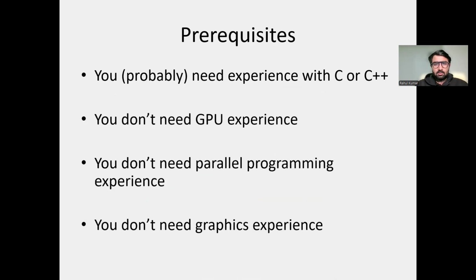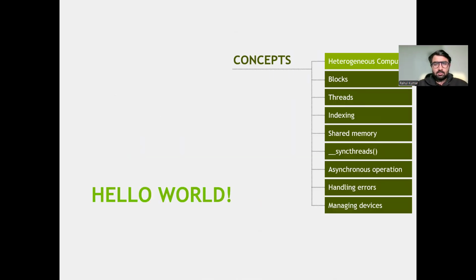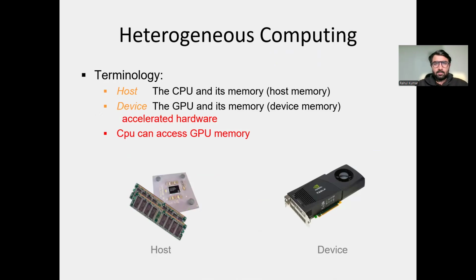So let's go through basic stuff. A few things that you need to know for GPU offloading: once you perform something on GPU, the CPU is known as host and the GPU is known as device. The CPU and its memory are part of the host memory, and the GPU has its own dedicated memory.